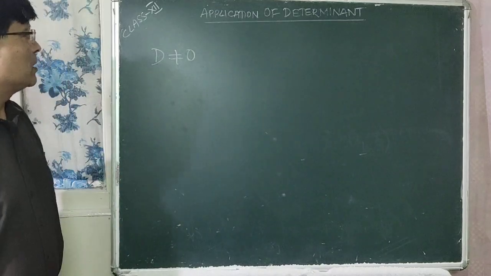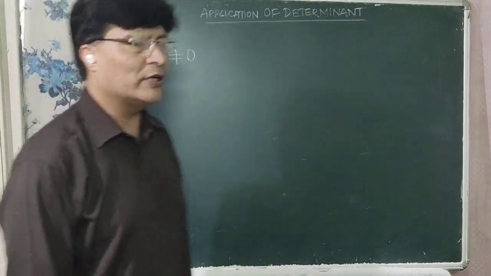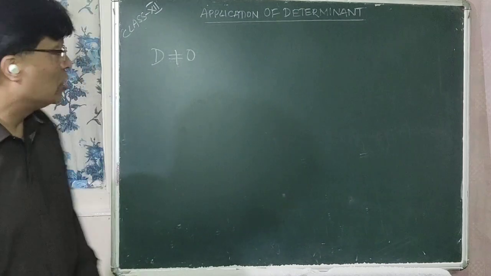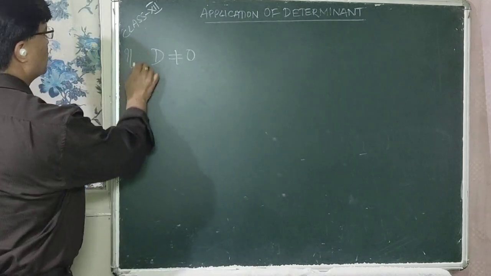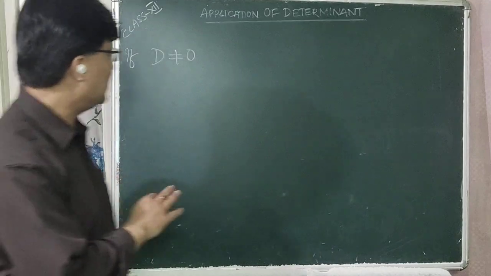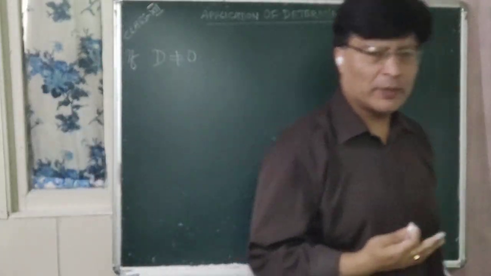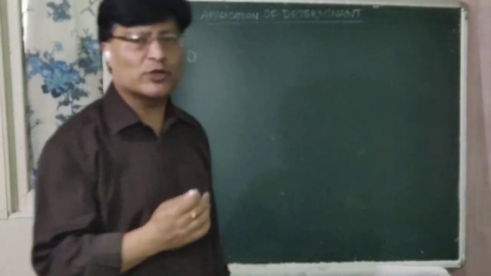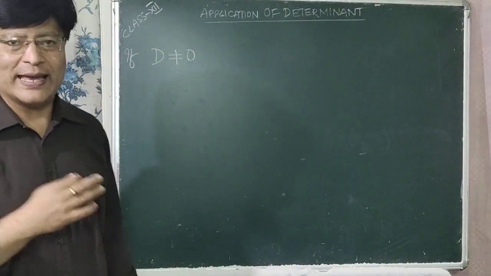So now, in case of Cramer's rule, we got the value for d, dx, dy and dz. So if d is not equal to 0, then you can solve the equation. That means you will get unique values of x, y and z.